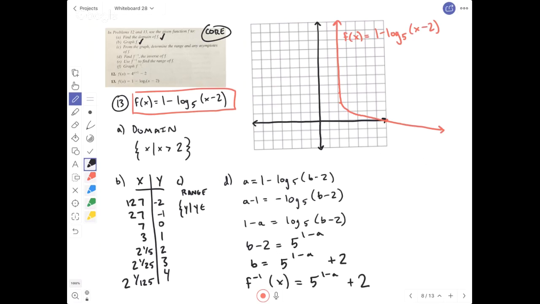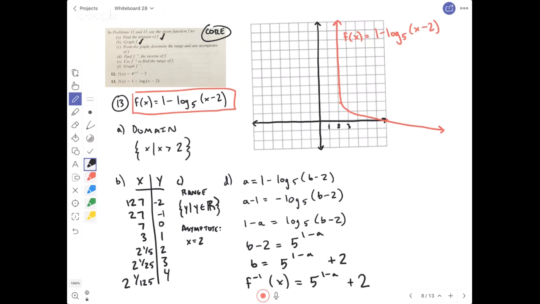So y is an element of the reals. And it does have an asymptote. It has a vertical asymptote at x equals 2.